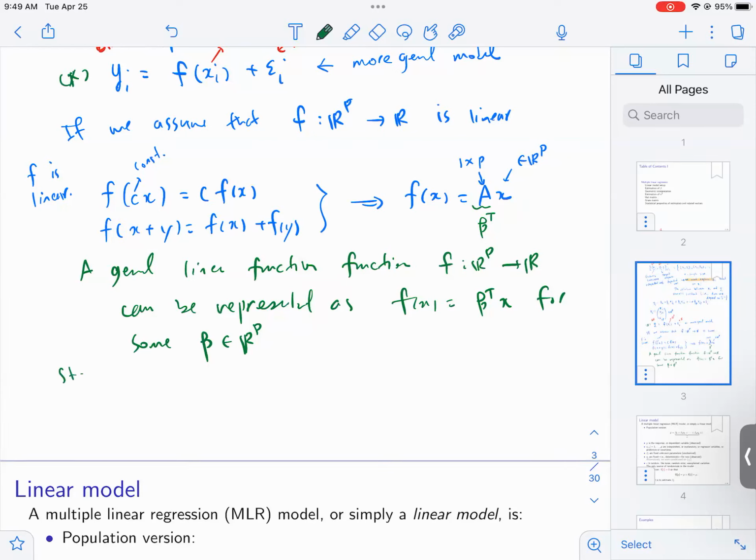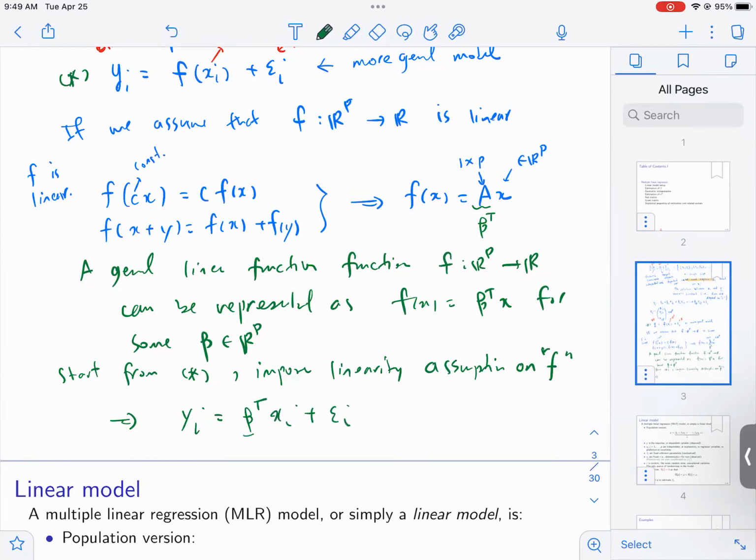Start from the general model, impose the linearity assumption on f, and we get that yi has to be beta transpose xi plus epsilon. So that would be our f of xi basically. f has to look like that.